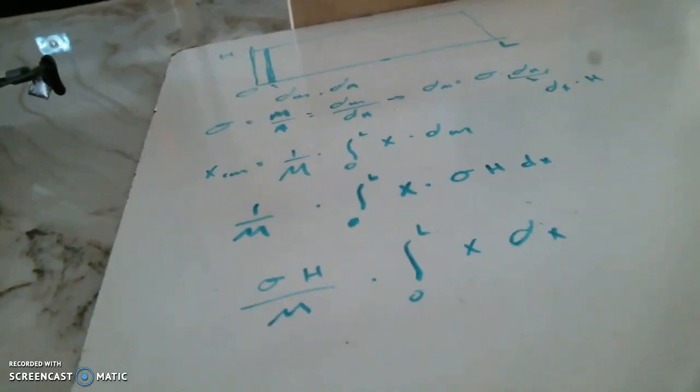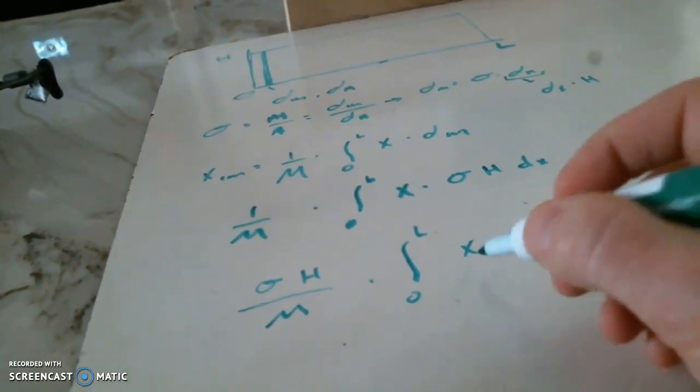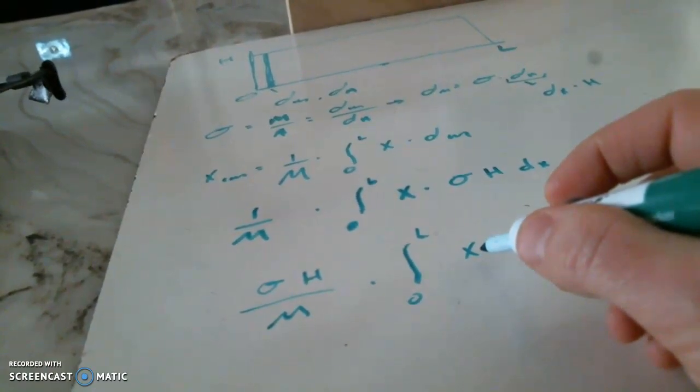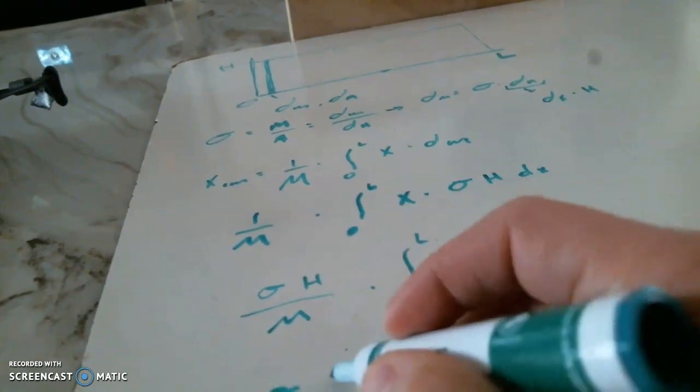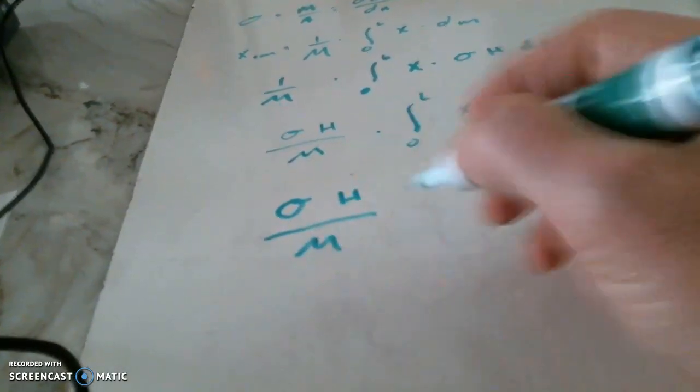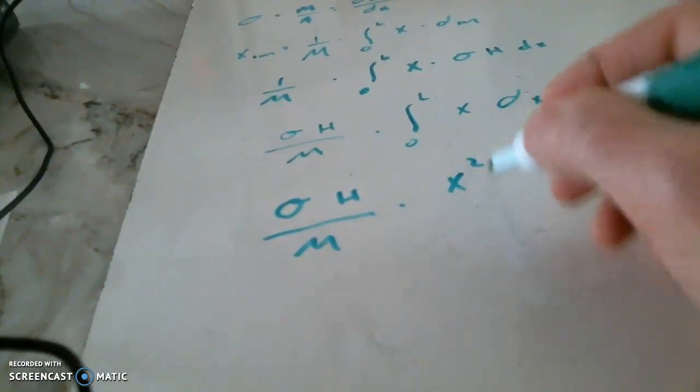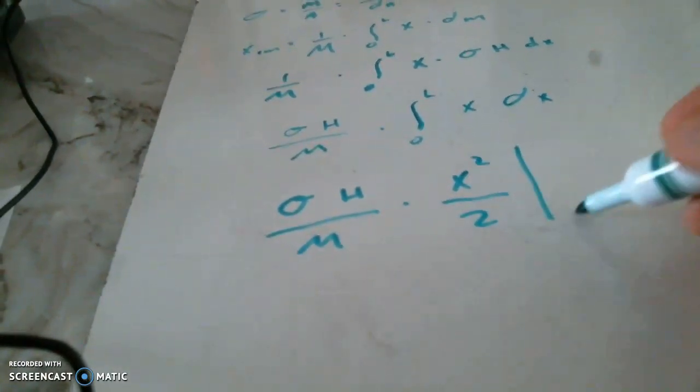So it looks pretty similar to what we've been doing, doesn't it? So this is simply going to be x squared over 2. All right, so this ends up being sigma h over m times x squared over 2, and we will go from 0 to L.